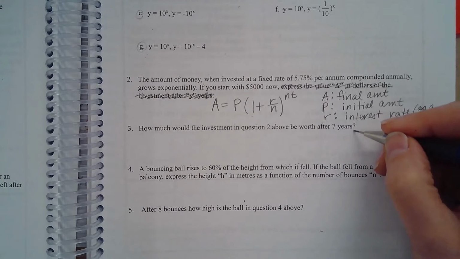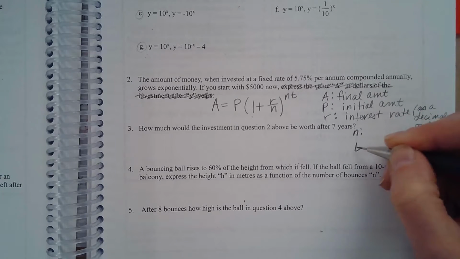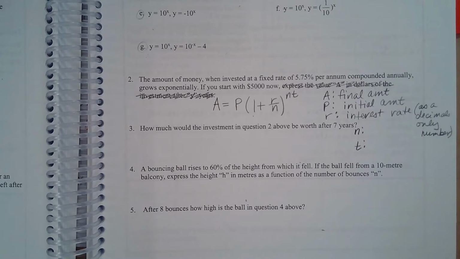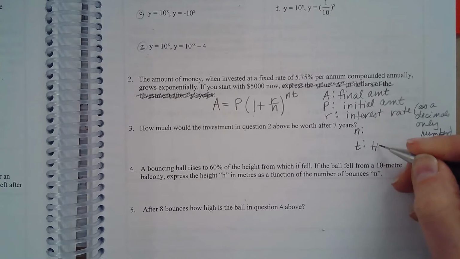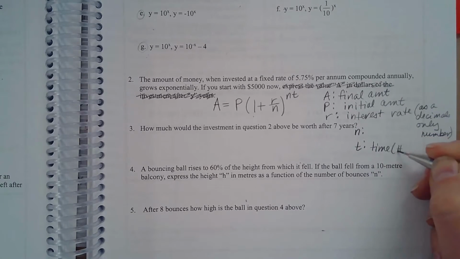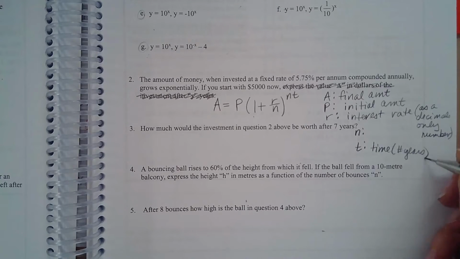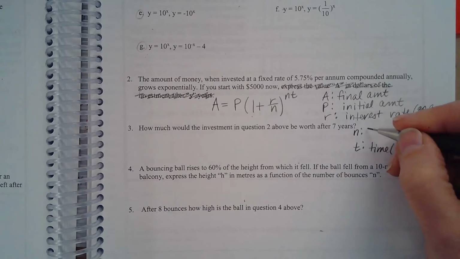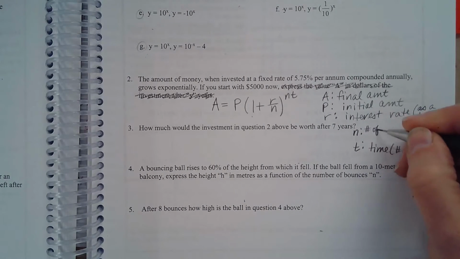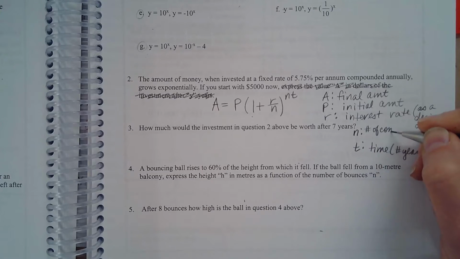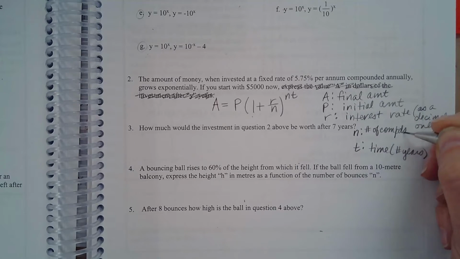Okay, let's keep going. N and T. What do you think T stands for? Time, right? And that's in number of years. Now, N stands for the number of compounds per year.